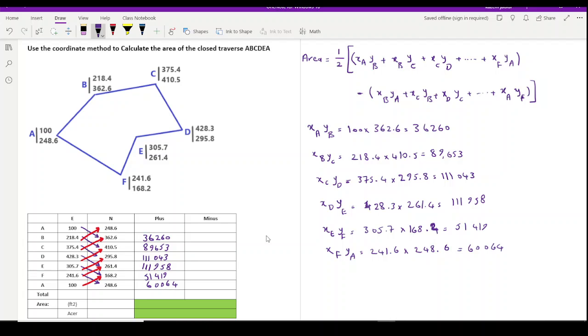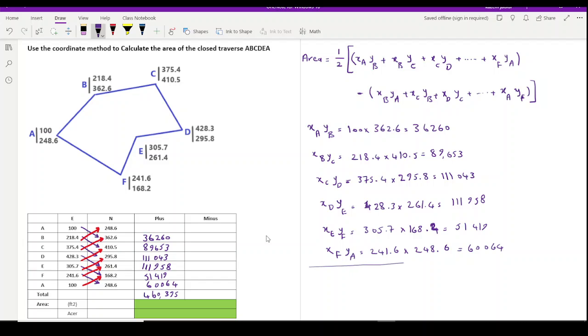So now you need to add these columns to each other, and if you do that, you will get the total of 460,395. Then you're going to repeat the same process for the minus parts.